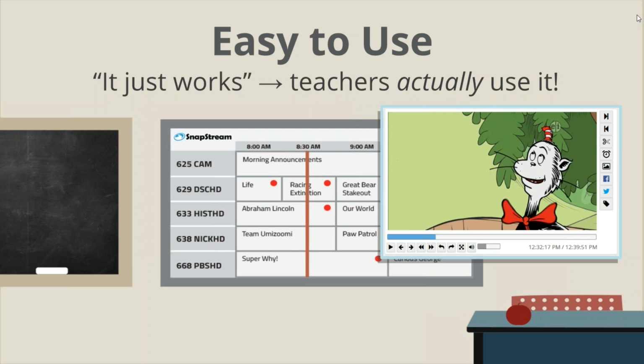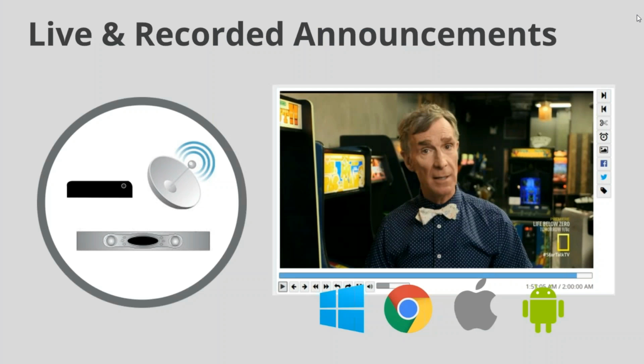We've probably done 20 proof of concepts in the last year as we've gotten scaled up in SnapStream EDU, and I can tell you in every case, when people compare us to a vBrick or a MediaCast, the ease of use is the number one reason why we win these deals. Teachers will actually use our product as opposed to another product that might check a bunch of boxes, but is too complicated for teachers to use.